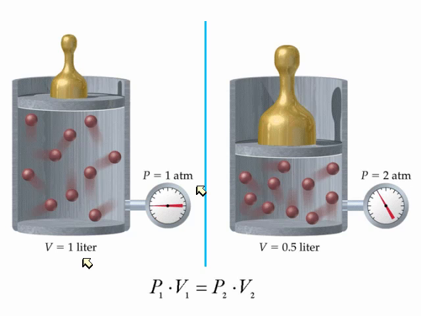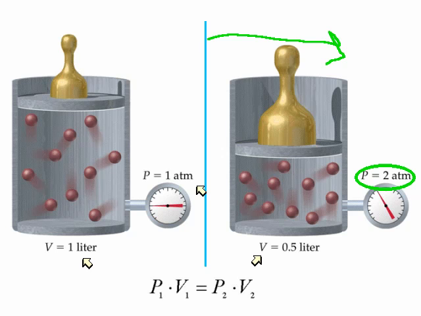When we turn our attention to the right side, we see that we have reduced the volume by a half a liter. When you reduce that volume, you automatically increase the pressure.